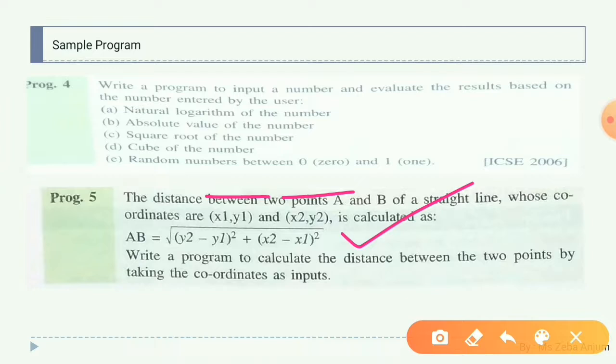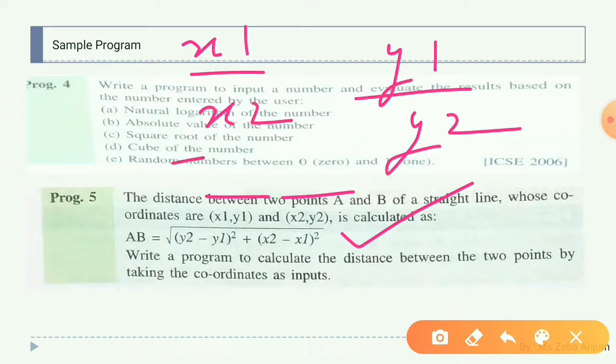So x1, y1, x2 as well as your y2. So you are having basically four variables. Yes, so four inputs you have to take. Either you use a Scanner class or you use InputStreamReader, depends on you. And then afterwards, firstly convert this expression into your Java expression again by using your Math.sqrt. Then you just have to apply the formula and you will be getting the answer for the same.